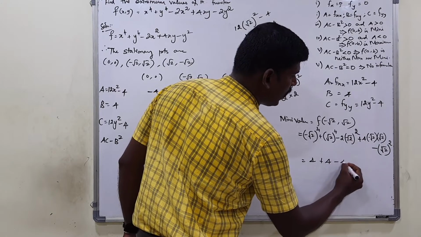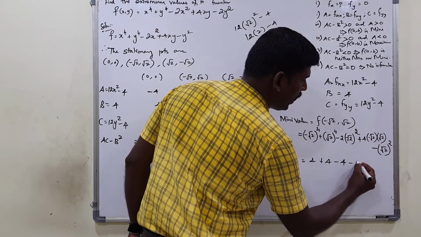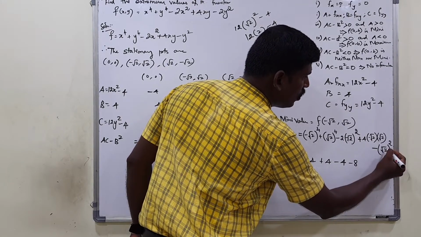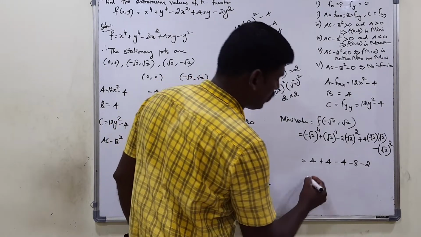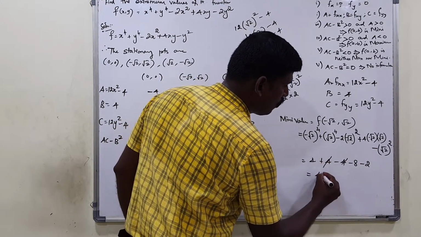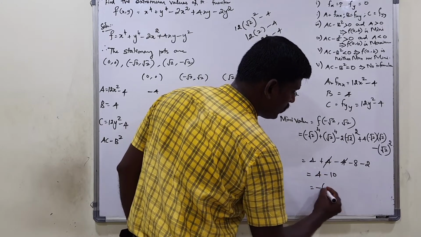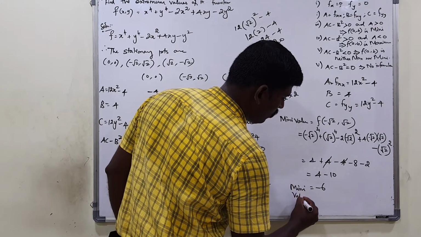Multiply with minus 2, it is minus 4. This becomes minus 2. Multiply with plus 4, minus 8. This becomes 2. Combined with minus, minus 2. That's all. So what? We can cancel plus 4 with minus 4. So what? 4 minus 10. That is equal to what? Minus 6 is the minimum value.